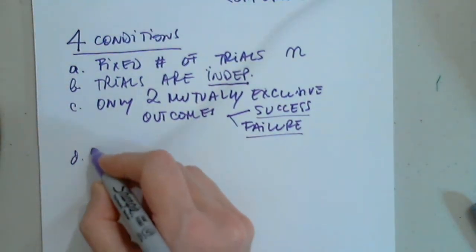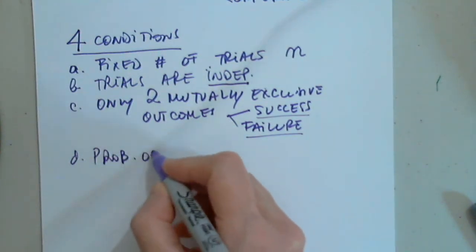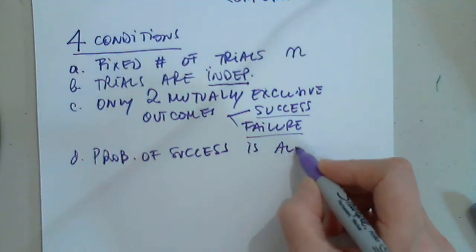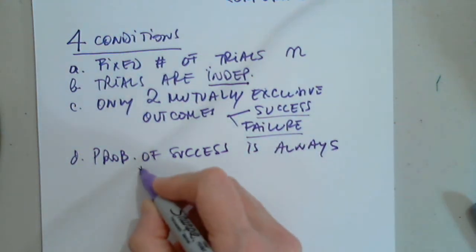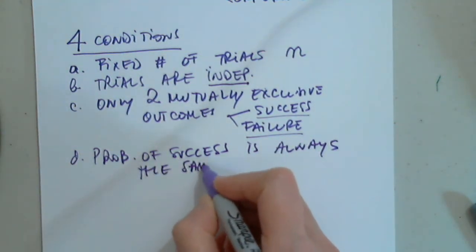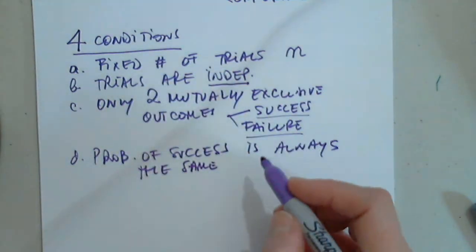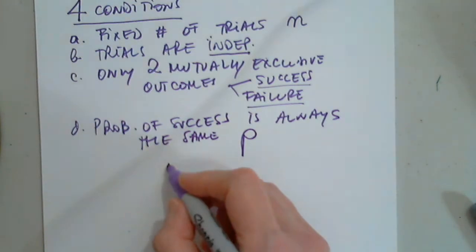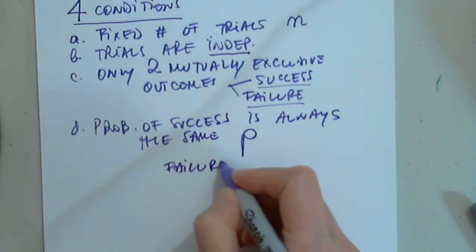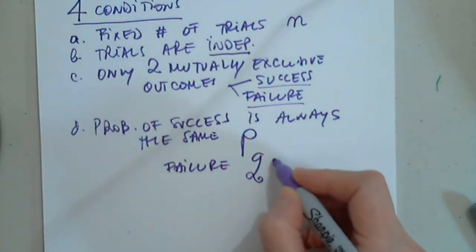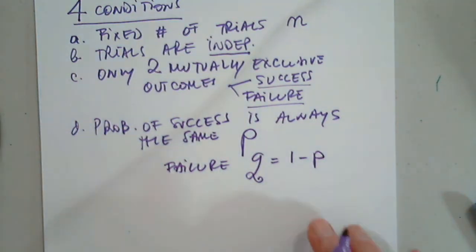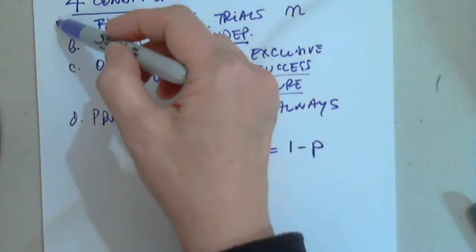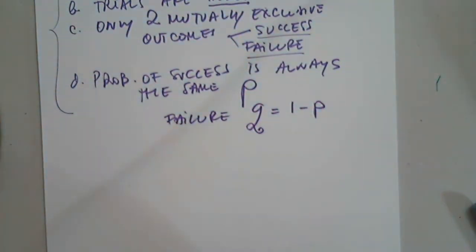And the last one, the probability of success is always the same from trial to trial, and is denoted by P. The probability for a failure is denoted by Q, which is 1 minus P, as we know. It's the complement. So if all these conditions are fulfilled, we say it's binomial.